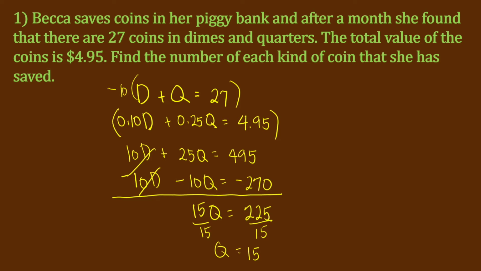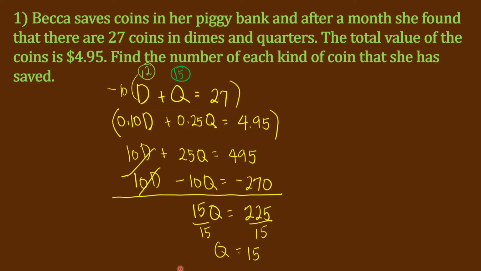So if there are 15 quarters, and all in all there are 27 coins, how many coins are dimes? 27 minus 15, so there are 12 dimes, 15 quarters. 12 plus 15 is 27.